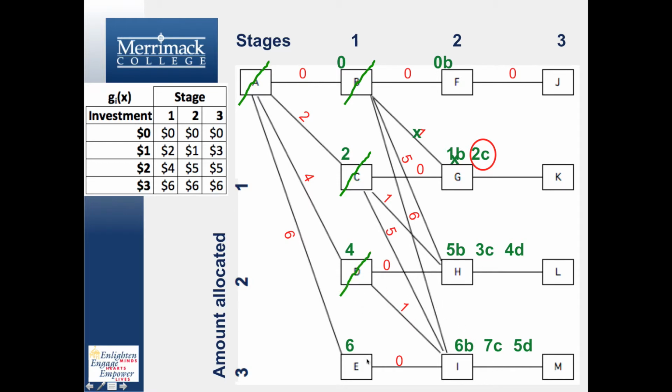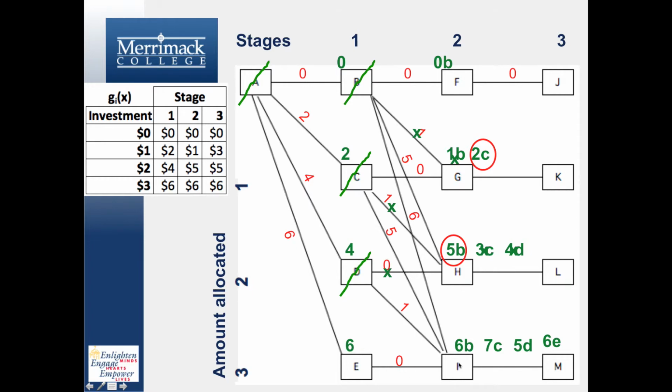And similarly, I'll travel from, I can see this is the best investment here. This is the best path. And then down here, I'll come from, what am I doing here? There we go. I crossed out the non-optimal paths.